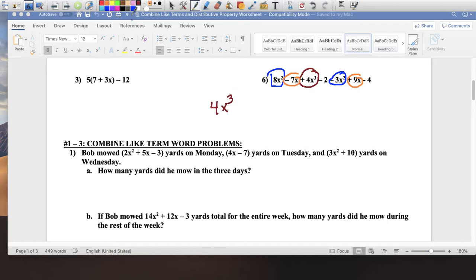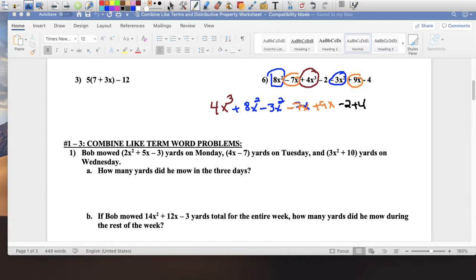That has no one to add or to combine or subtract, right? Plus the blues, plus 8x squared, minus 3x squared, and then the oranges, -7x, plus 9x, and then in black I'm going to do -2 plus 4.